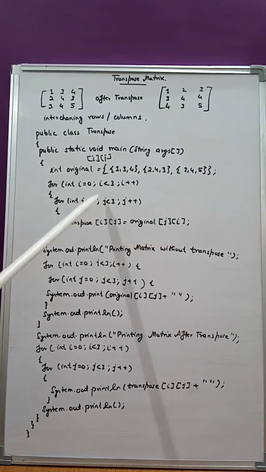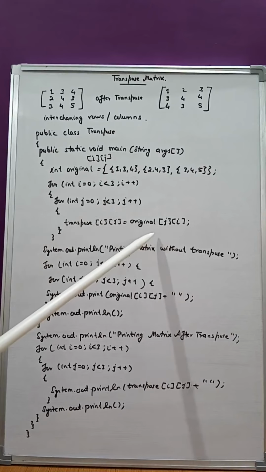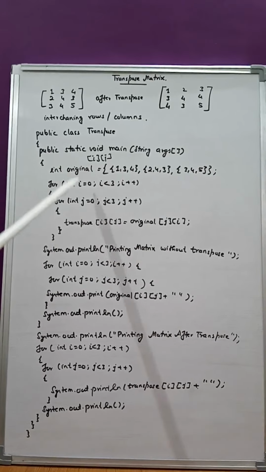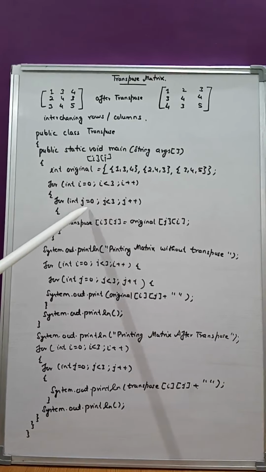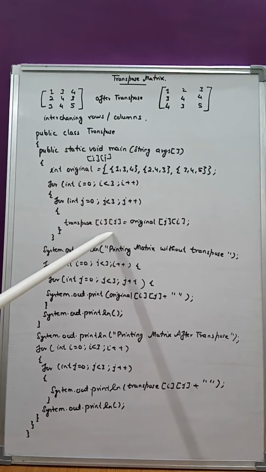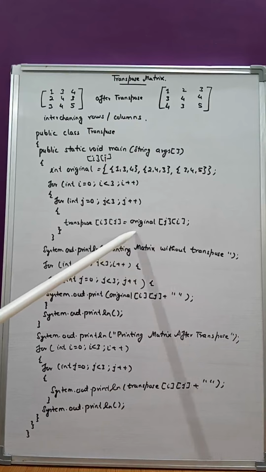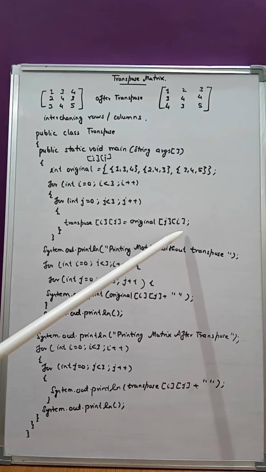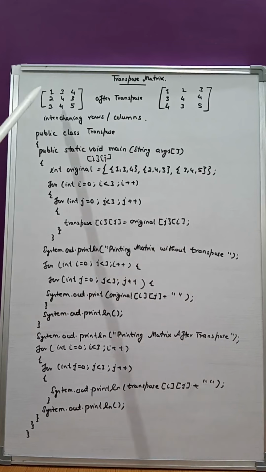Now in the first case, in the first phase, the value of i is equal to 0 and the value of j is also equal to 0. So in the transpose matrix at 0,0 we are storing the original value at 0,0, that is the 0th row and 0th column, which is equal to 1.